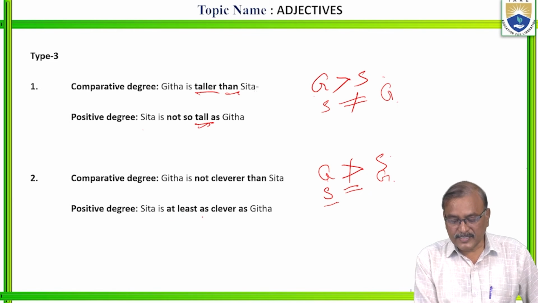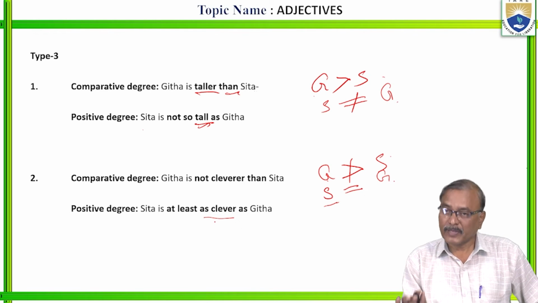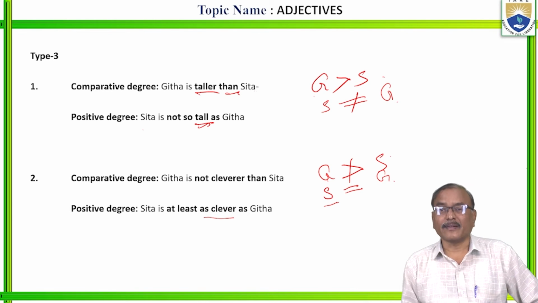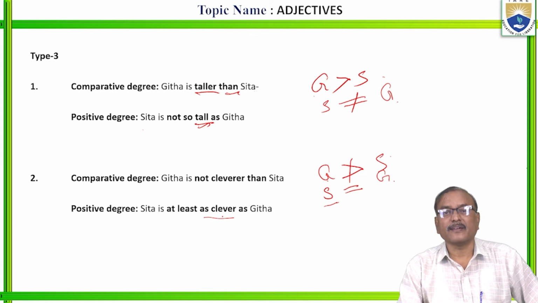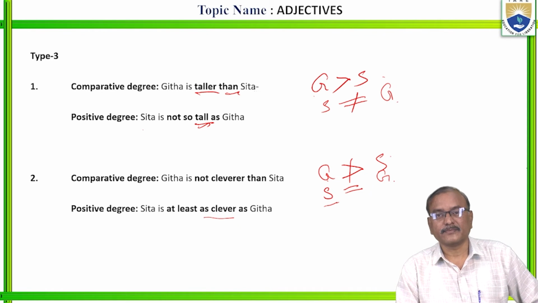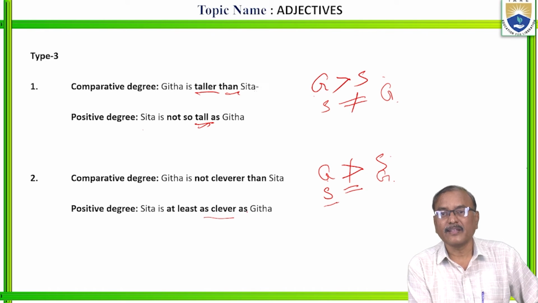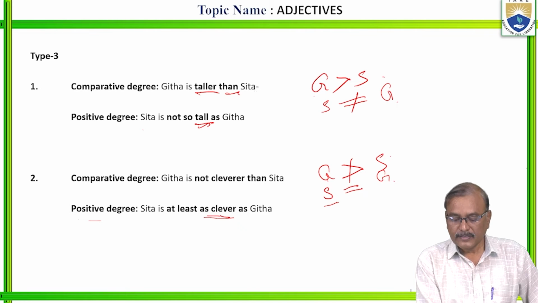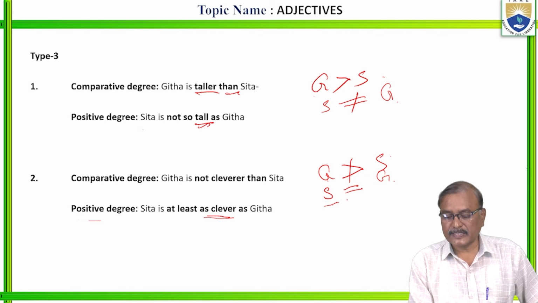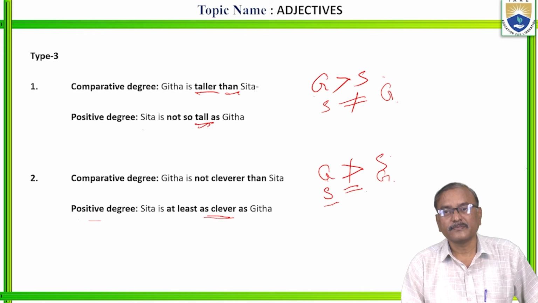Sita is at least as clever as Geeta. The probability is there. Maybe Sita may be cleverer, but at least Sita can be equal. Maybe more than that, but the possibility is there, because they are asking only positive degree. Is it clear?